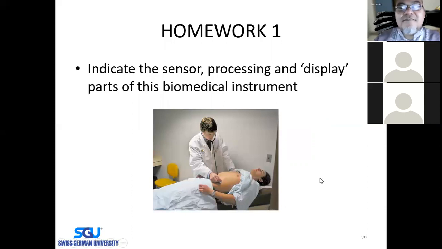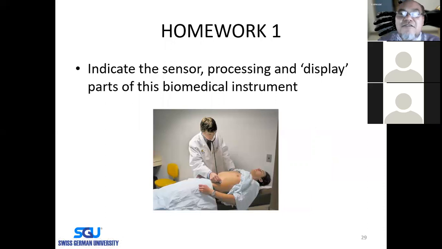Okay, that is the last. Indicate the sensor, processing and display parts of this biomedical instrument as your homework. I will put the slide into Google Classroom.